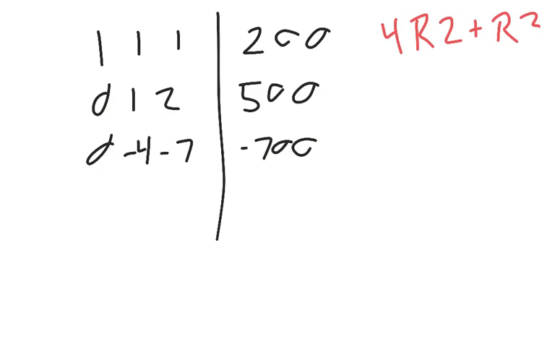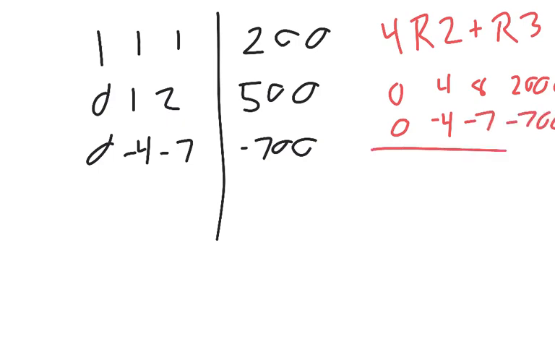So 4 times row 2 plus row 3, that's going to be 0, 4, 8. 4 times 500 is 2,000. And then I've got 0, -4, -7, -700. If I combine, that's 0, 0, 1, 1,300.